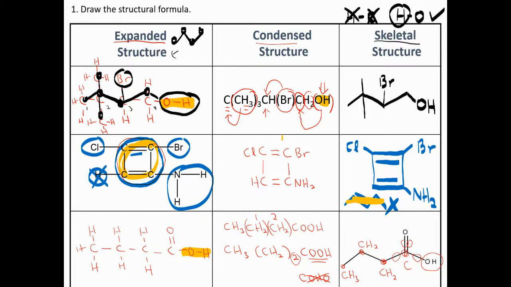And for skeletal structure, I would draw the expanded structure first, and then draw the zigzag dots to connect all the carbon, and only then I put in the substituents. So that's all for expanded structure, condensed structure, and skeletal structure.